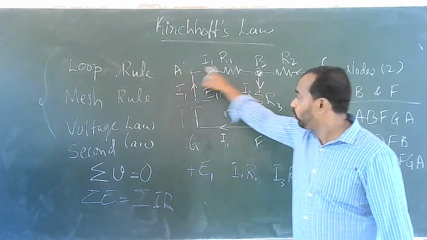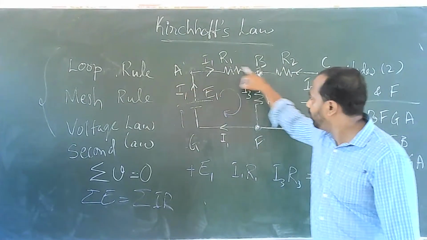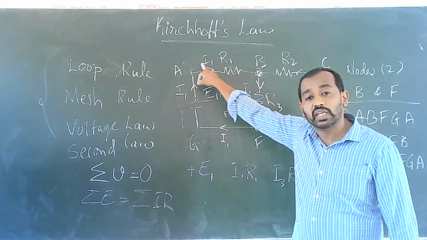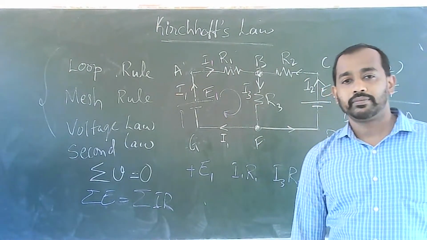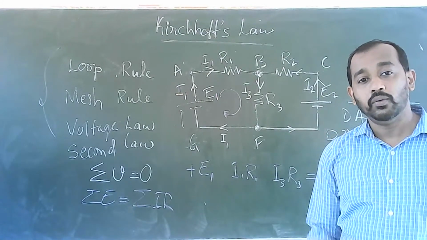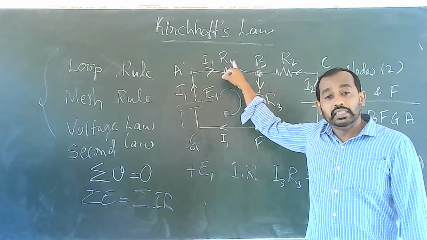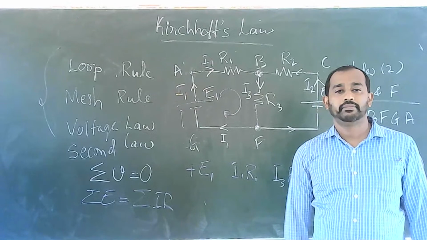Similarly, then we are moving from A to B. When we are traversing in a clockwise direction, we are moving from A to B. Then, what about the IR drops, whether it is positive or negative? Now we know that current will always flow from higher potential region to lower potential region. When we consider the IR drop, we have to consider the direction of the current.